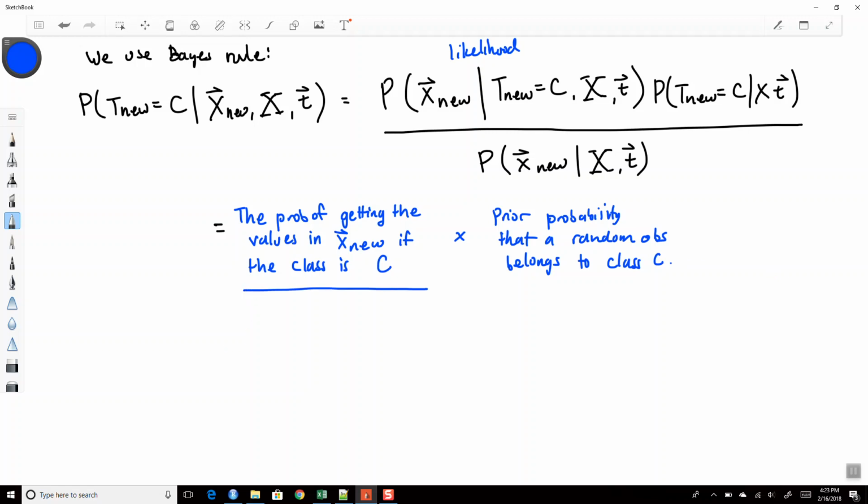And then this would just be divided by the probability of getting the values x new given our training data.